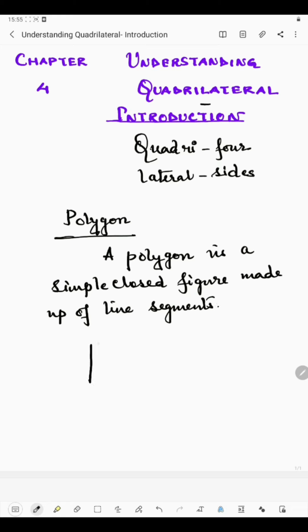For example, this is a polygon as it is made up of line segments and it's a closed figure. This is also a polygon. Now some are not a polygon. So these are polygons.